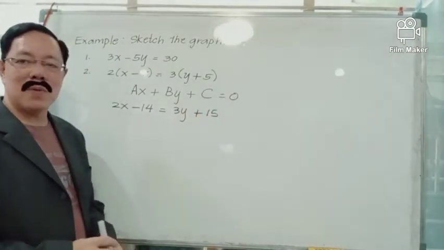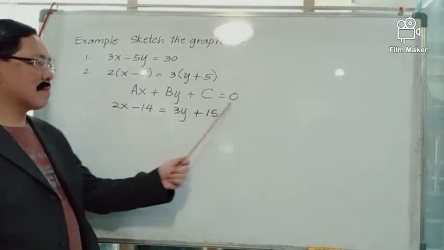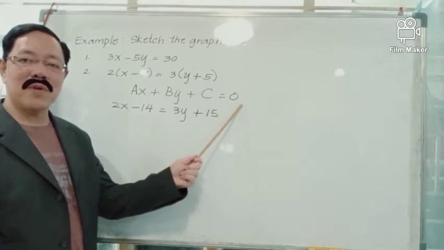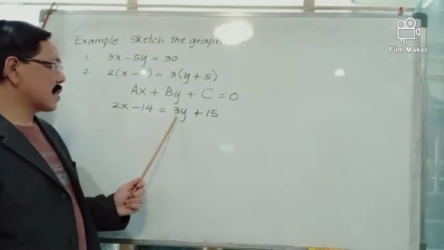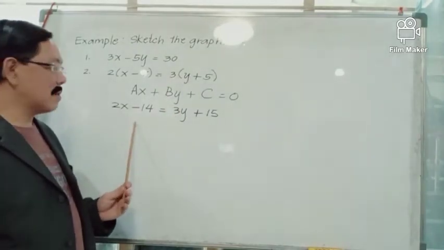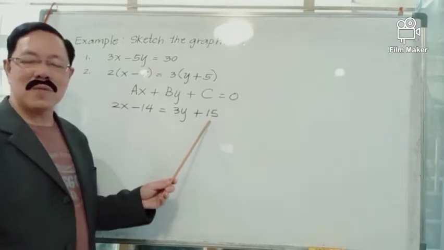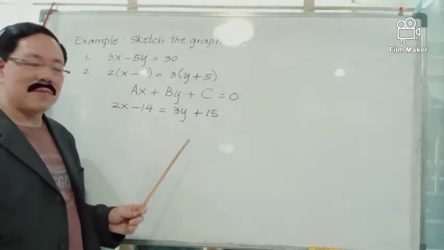Now we transpose the two terms to the right hand side because the right hand side of the general form of linear equation in x and y is 0. We transpose 3y to the left hand side, it becomes negative 3y. We transpose positive 15 to the left hand side, it becomes negative 15.